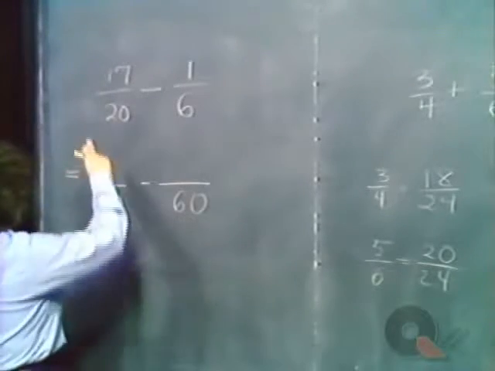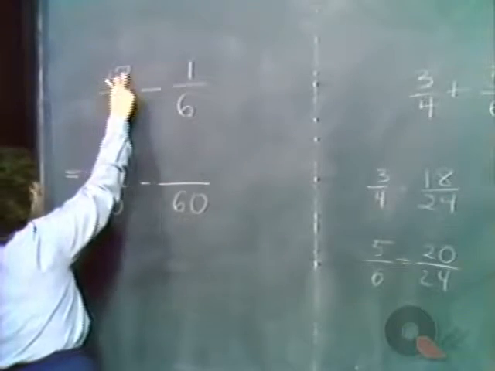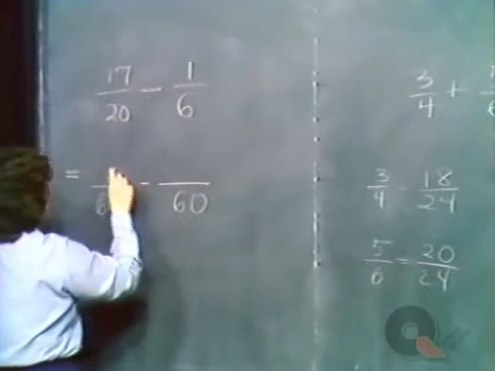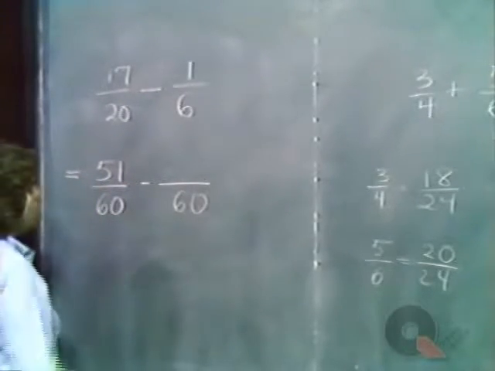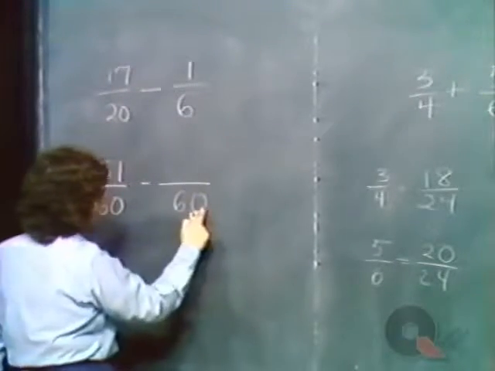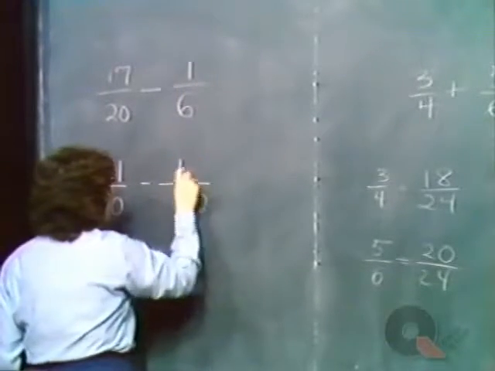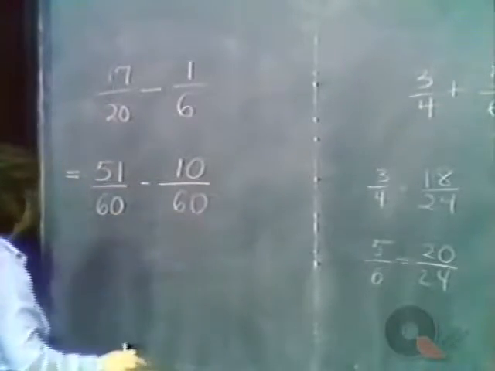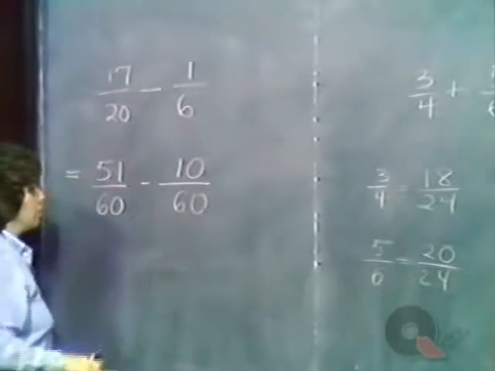Now, 20 has to be multiplied by 3 to get 60, so 17 has to be multiplied by 3, and when you multiply 17 by 3, you get 51. 6 has to be multiplied by 10 to get 60, so 1 has to be multiplied by 10 to get 10. In other words, 1/6 is equivalent to 10/60ths, and 17/20ths is equivalent to 51/60ths.